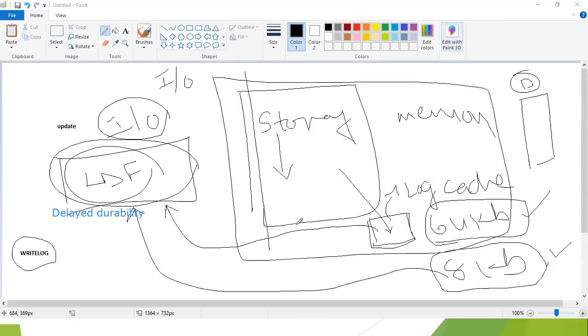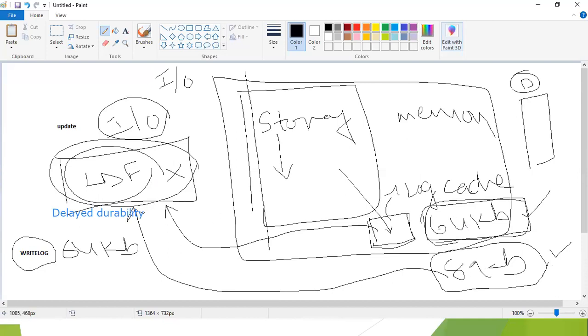If you enable that feature, there is an advantage, but there are disadvantages as well, which I will tell. With delayed durability, as soon as the transaction is committed, unless this log cache is full, it will not flush. It will keep holding that committed transaction data in the log cache until the 64 KB is full, and only then flush into the transactional log file.